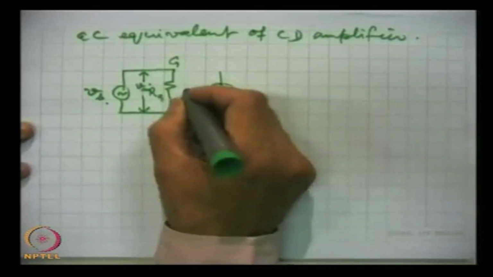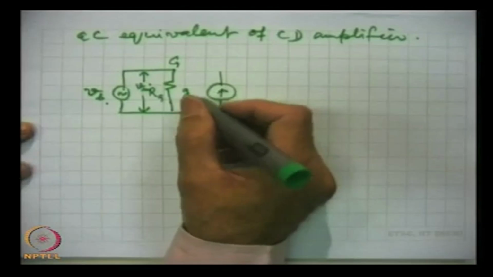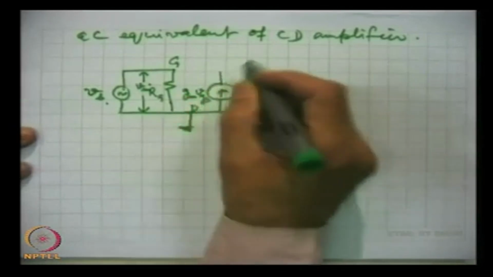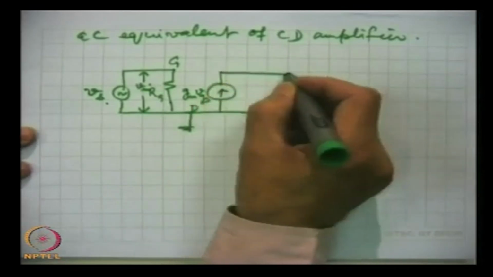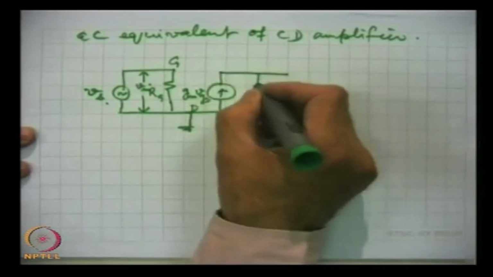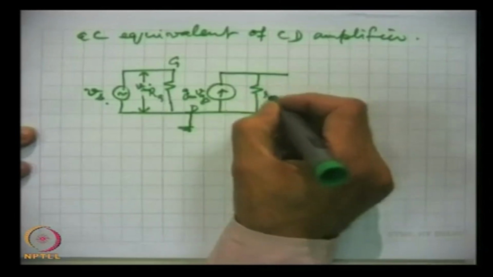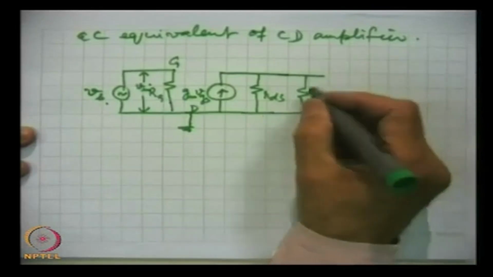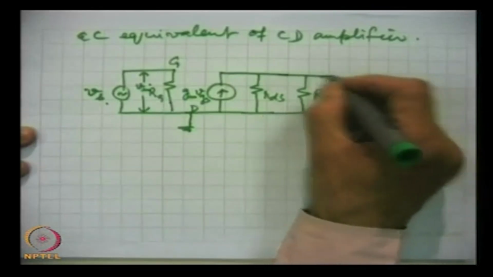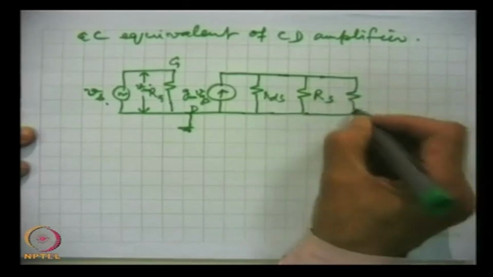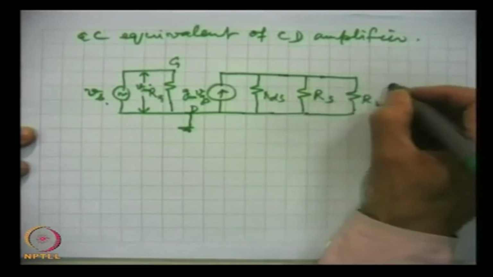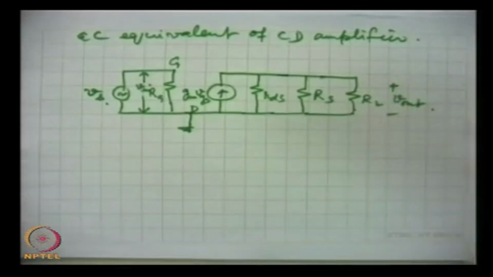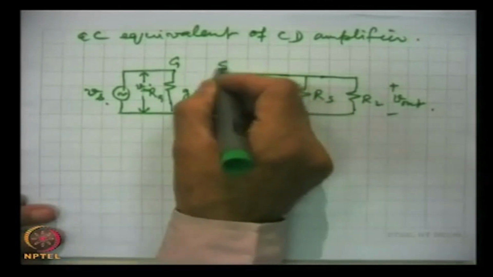This is gm into Vgs, and then rds, RS and RL. This is the circuit. This is drain, this is source.